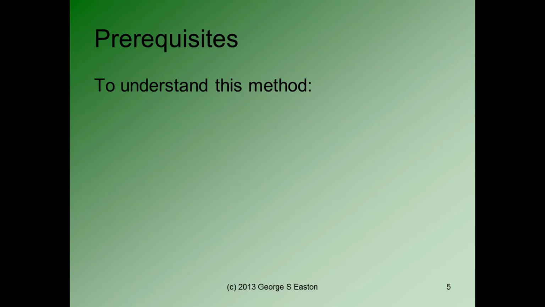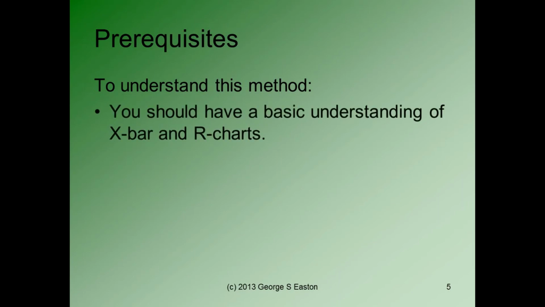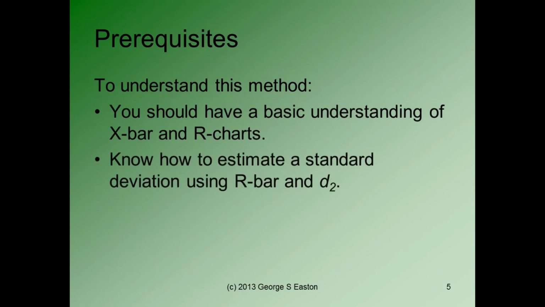Now, to understand the approach that I'm about to describe, you need to understand some things about control charting. In particular, you need to have a basic understanding of X-bar and R charts. You also need to understand how to estimate the standard deviation of a process using R-bar, the average of the subgroup ranges, and D2, the SPC constant D2.